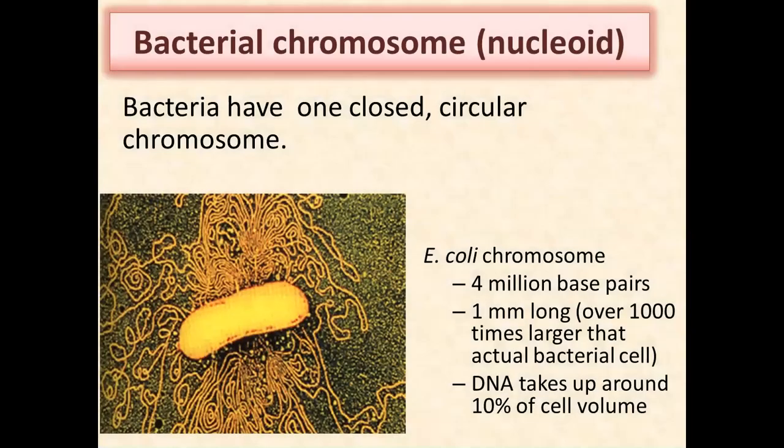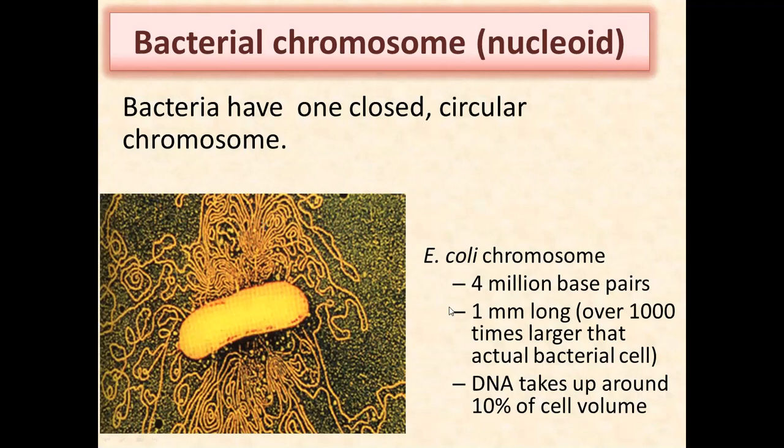The structure containing DNA in bacteria is the bacterial chromosome, also named the nucleoid. Bacteria have only one chromosome, a circular DNA molecule, and it's rather large. In this electron micrograph, you see DNA released from bacteria.